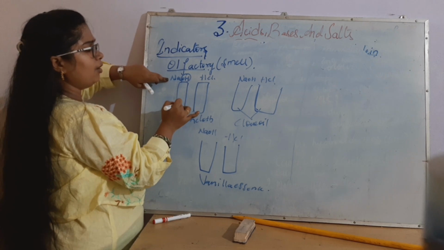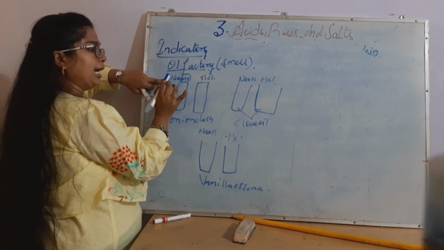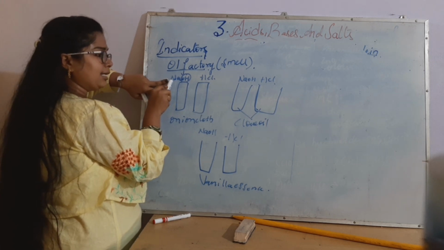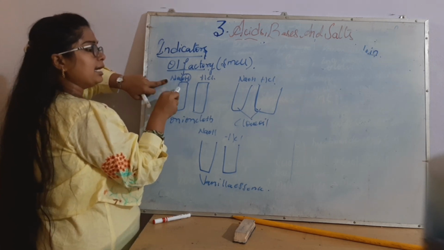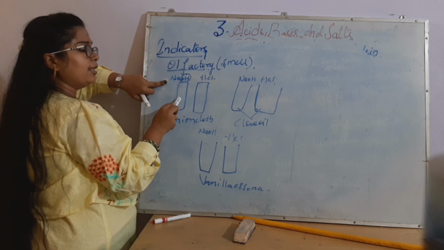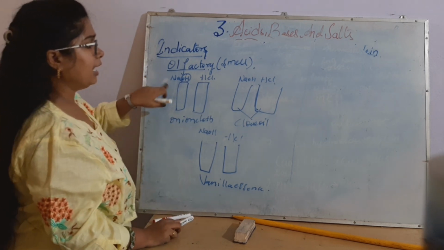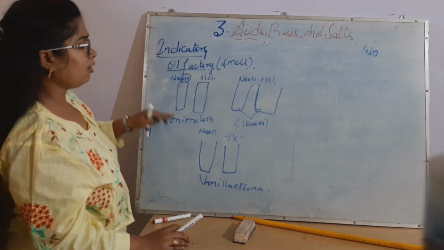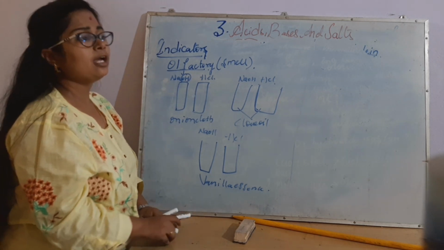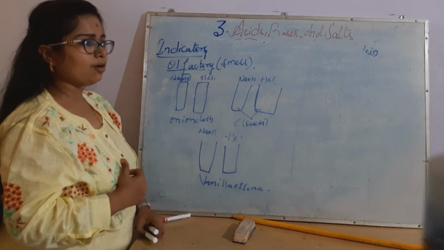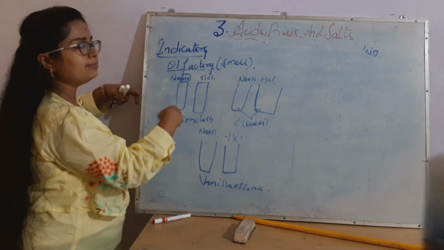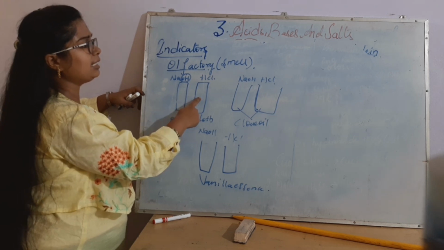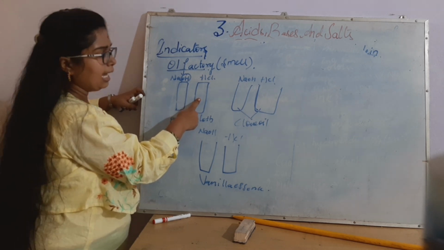When you add NaOH, it changes the smell of the cloth. But with HCl, it does not change. So if you don't know whether a substance is an acid or a base, add it to the cotton cloth. If it changes its smell, you can say it's a base. When it does not change, it is said to be an acid.